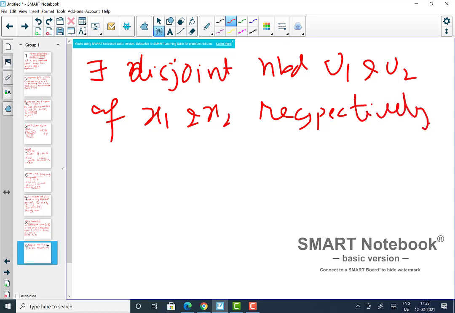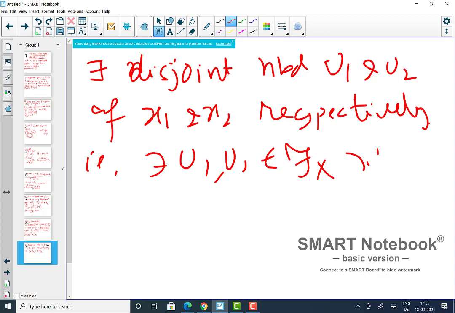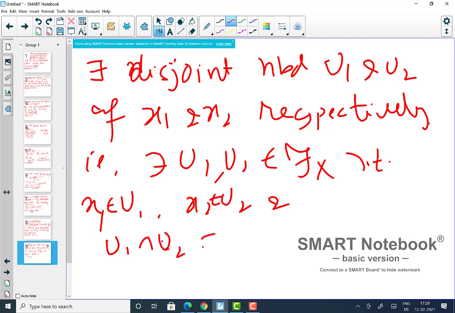What does that mean? That means there exist U1, U2 belonging to the topology of X such that x1 belongs to U1, x2 belongs to U2, and U1 intersection U2 is φ, disjoint. Okay, then it's called a Hausdorff space or T2 space. In fact, there are also T0 spaces, T1 spaces, and T half spaces.